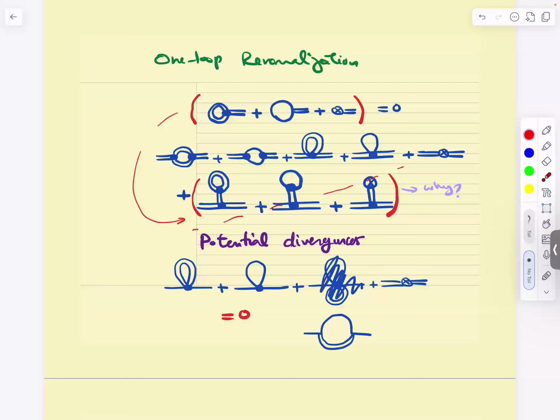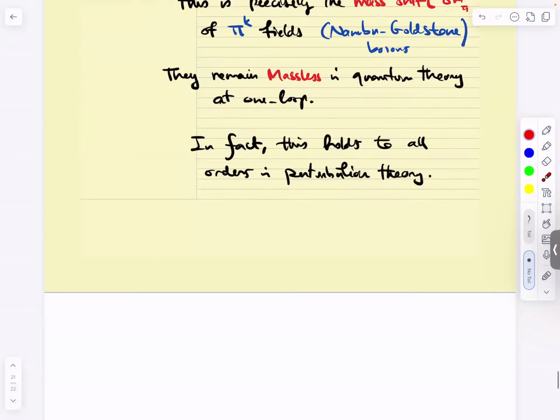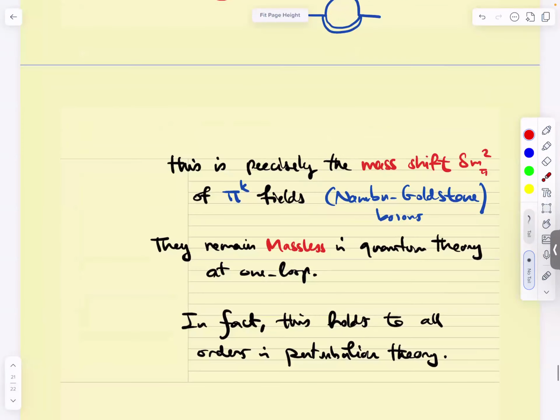This is what you need to check to make sure that the mass of your Nambu-Goldstone boson is not renormalized. These are 4 diagrams that you have to add and see. After you do renormalized perturbation theory, this is all fine, and they will cancel. And it does happen.